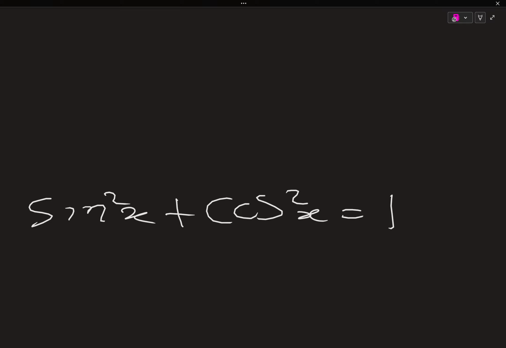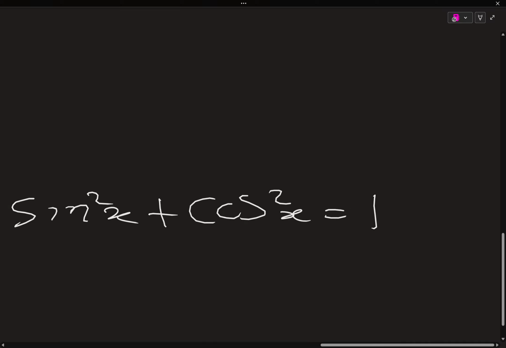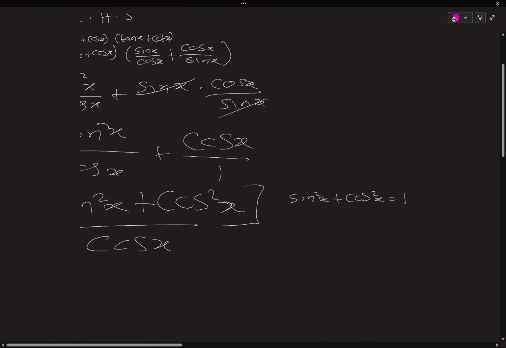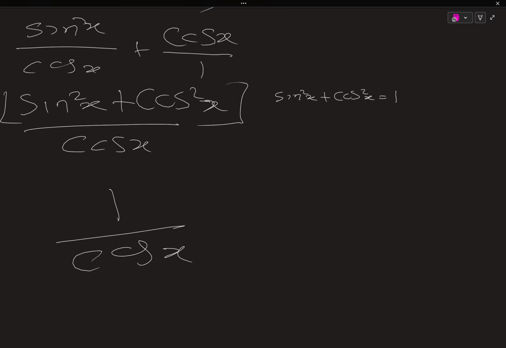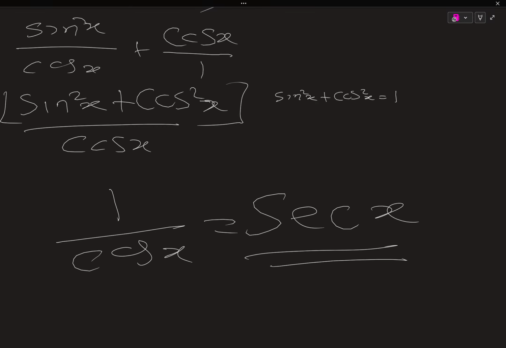So we can just replace this with 1. We replace the top part with 1, so I can say 1 over cos. Have you seen this? What is this identity? This identity is simply sec x, right?